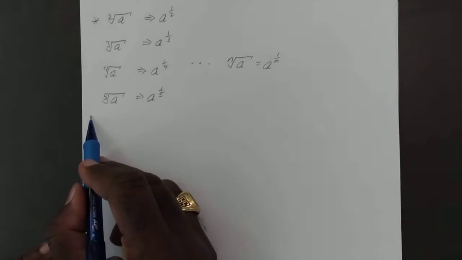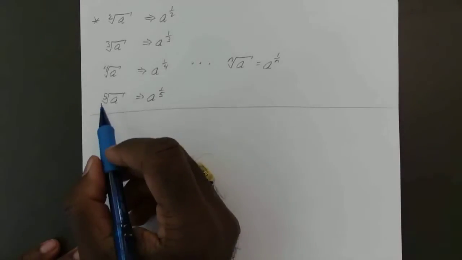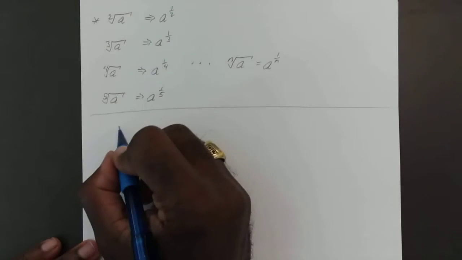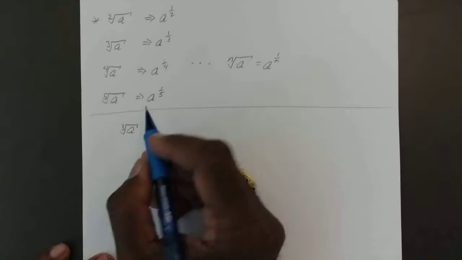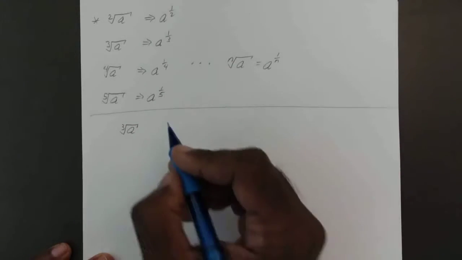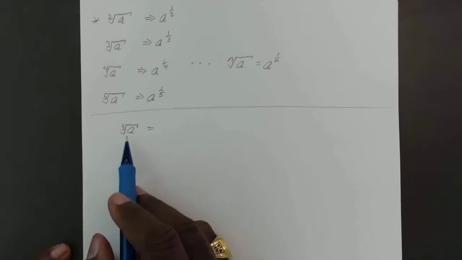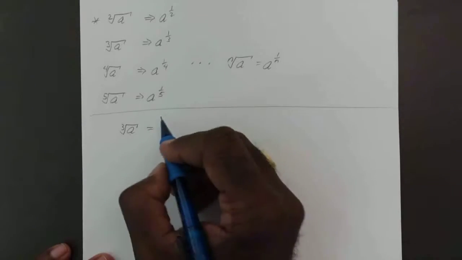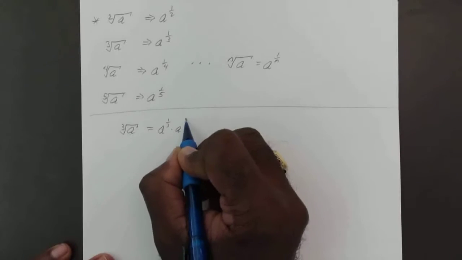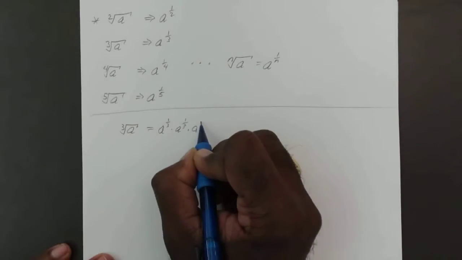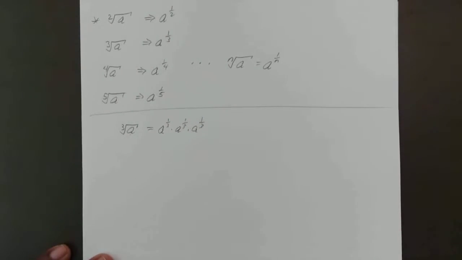Okay, so the reason that works is because if you think about, let's say, cube root of a. We know that's any number that's multiplied to itself 3 times to give you a. So if we want to find a number that multiplies to itself 3 times, that's a to the 1/3 times a to the 1/3 times a to the 1/3.